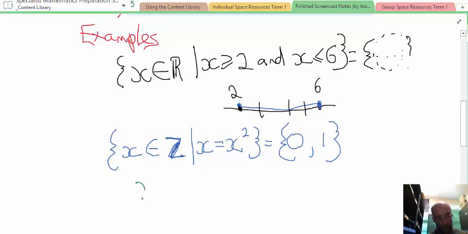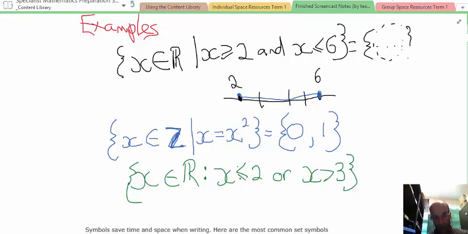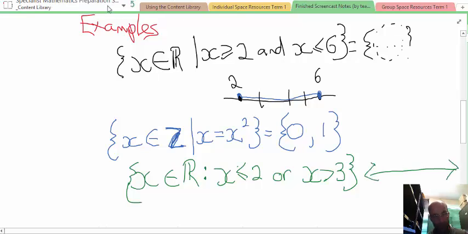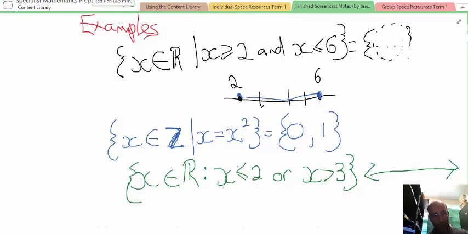Further examples. We have x is an element of the reals such that x is less than or equal to 2 or x is greater than 3. Again, because it's reals, it's easy to draw a number line, and the number line is continuous to infinity at positive and negative.